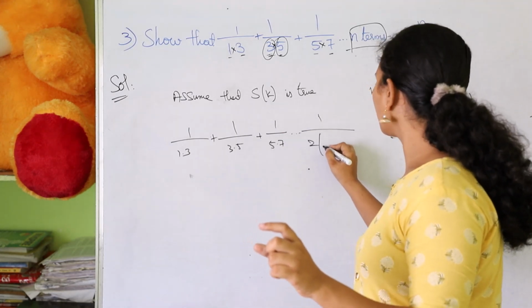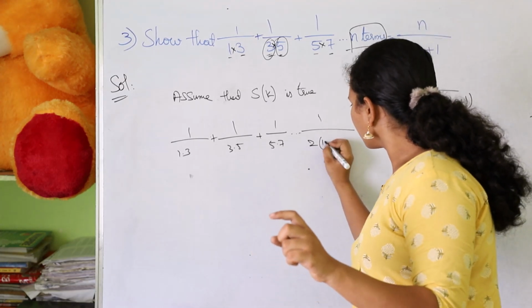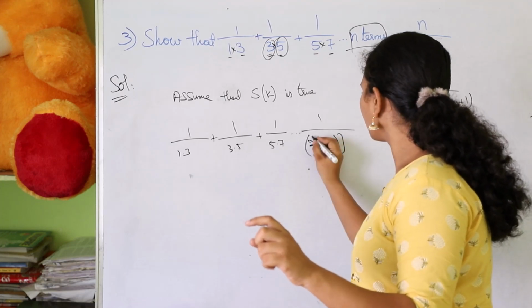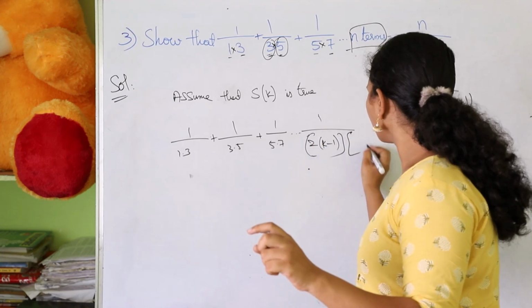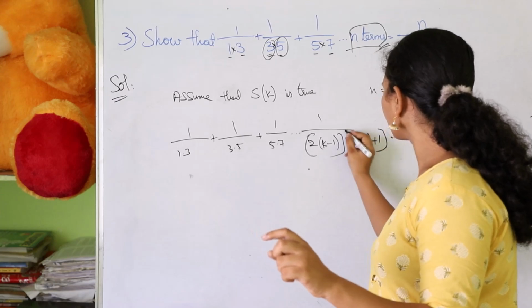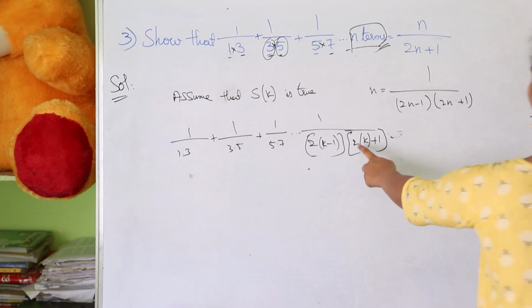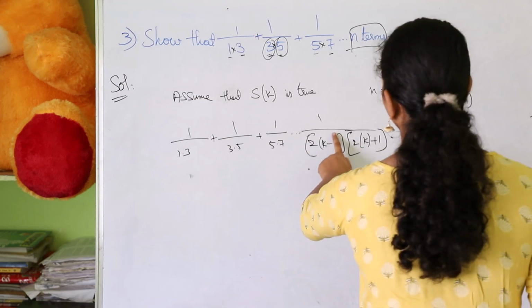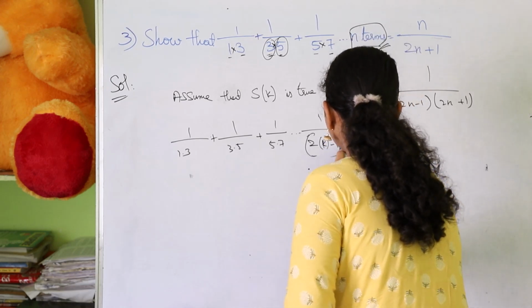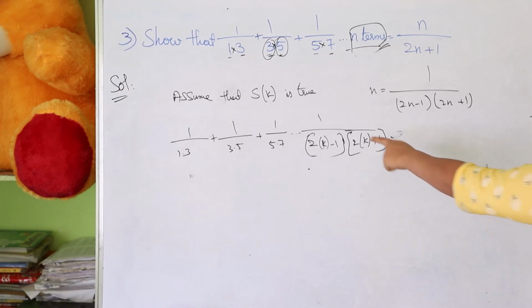So we get 1 by 2k minus 1 into 2k plus 1.